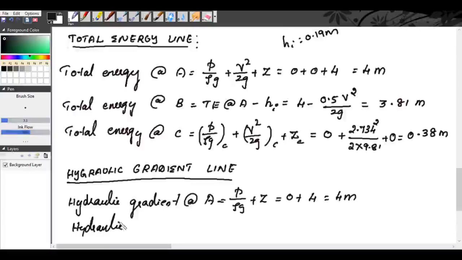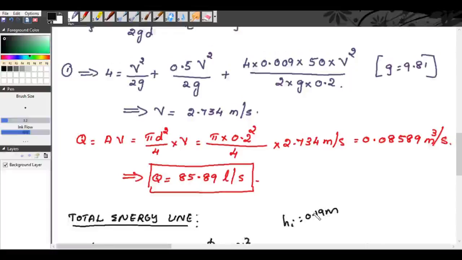Next, hydraulic gradient at B is equal to total energy at B minus the velocity head, right? Velocity head is V square by 2G. So what is the velocity head here?